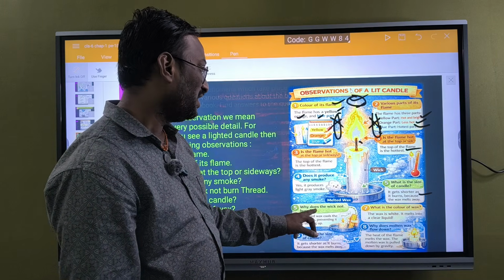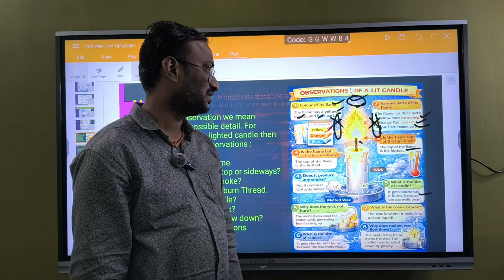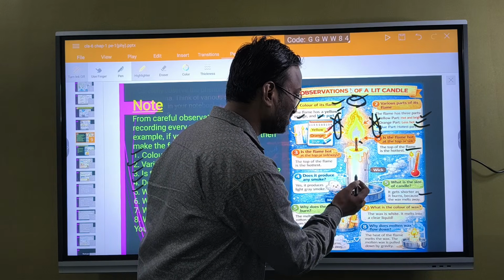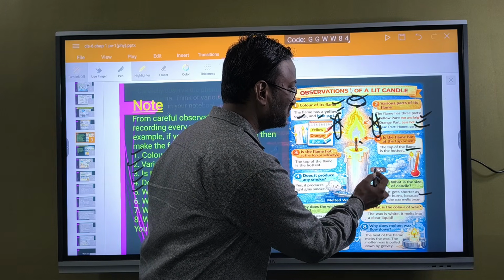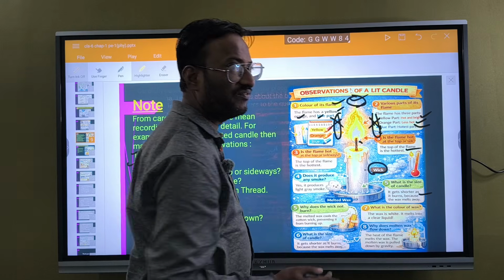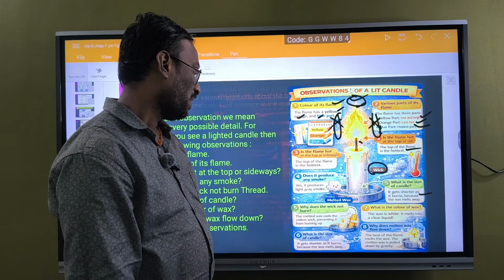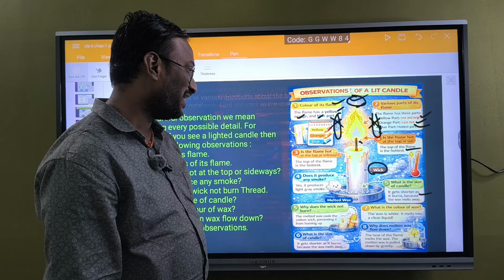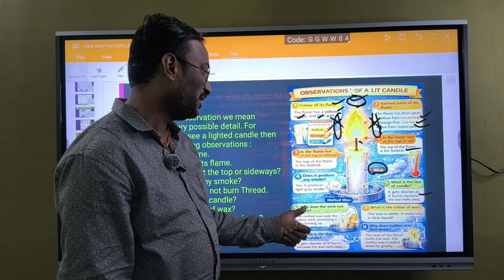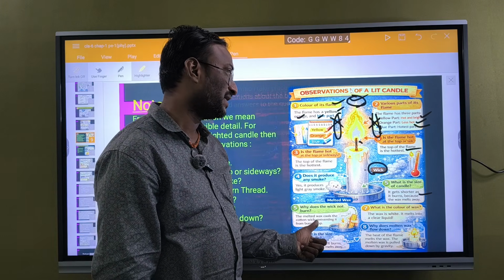Why does the wick not burn? This is one more question. See, the wick means this one, this thread in the candle. The wick will not burn. Why? The melted wax cools the cotton wick, preventing it from burning.